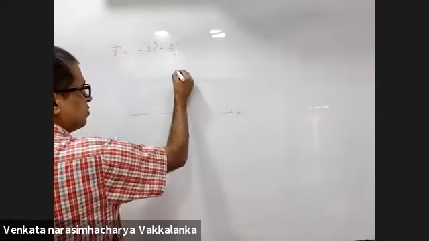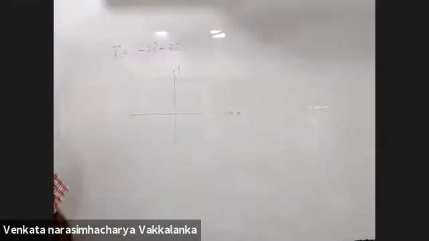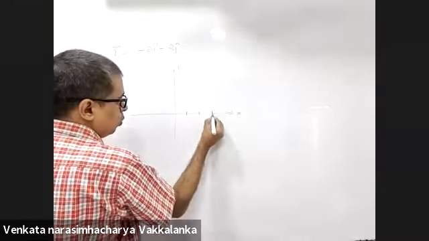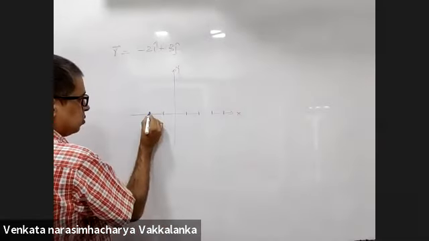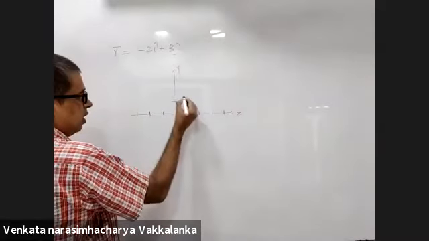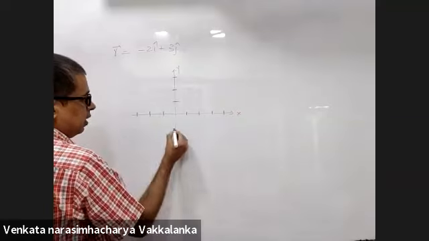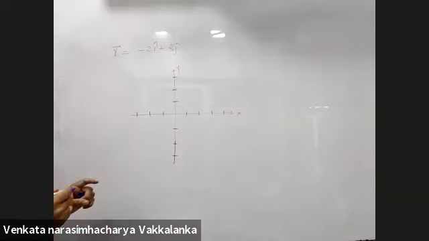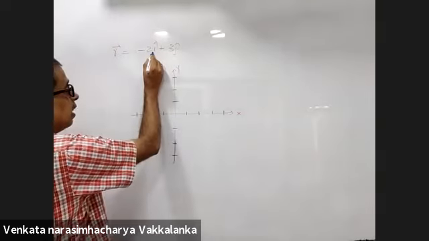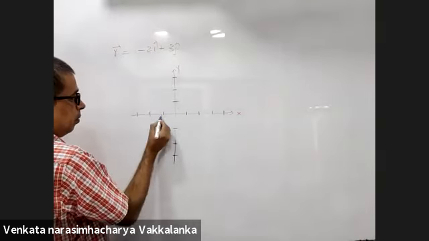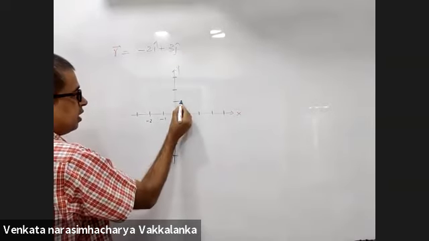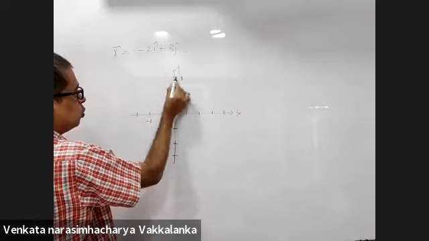This is x-axis, this is y-axis. Now, 1, 2, 3, 4. Minus 1, minus 2, minus 3. 1, 2, 3. Minus 1, minus 2, minus 3. Now, minus 2 i cap, and 3 j cap.